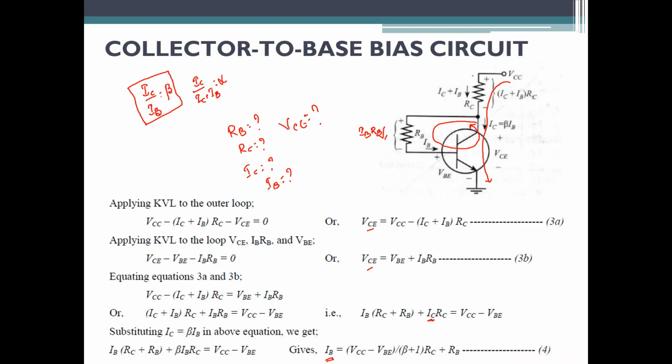The derivations we have done here are from the numerical point of view, not from the explanation point of view. But when they ask you to explain a collector base bias circuit, these derivations are important. So you will apply KVL to the outer loop and to the inner loop, equate them, and substitute the respective things as needed.